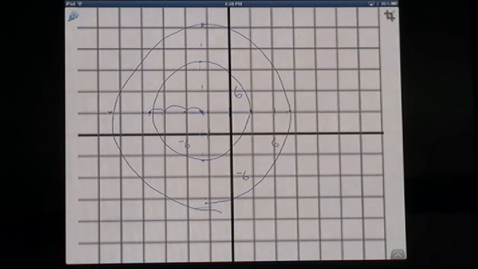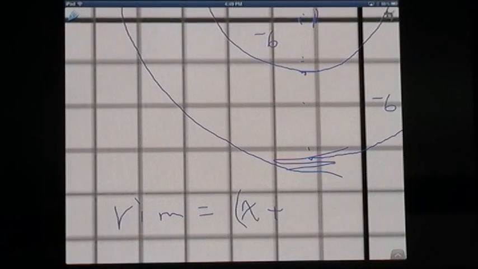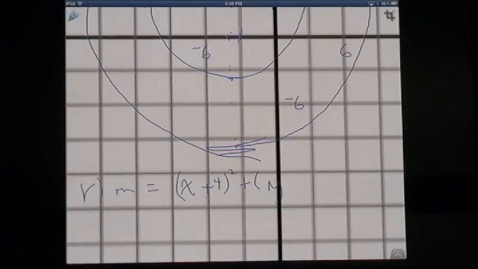Okay, then it tells us to write the equations of the two. So for the rim, the circle of the rim would equal x minus, okay, our center is at negative 4, so it's got to be positive: x plus 4 squared, plus y minus 3.